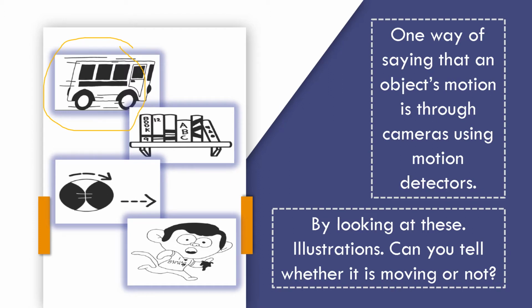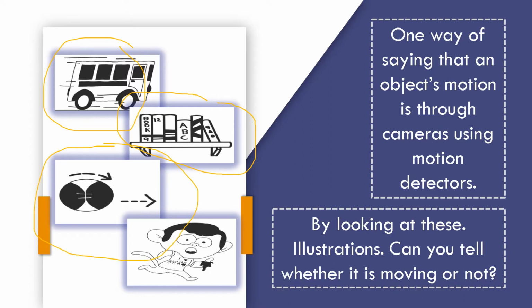On this first object, do you think it is moving? Okay, very good. It is moving, no? Yan, yung mga lines na yan, kadalasan nakikita natin yan sa mga cartoons, sa mga anime. How about this one? The books on a bookshelf. Do you think there is movement? Okay, no, there is no movement. How about this one?